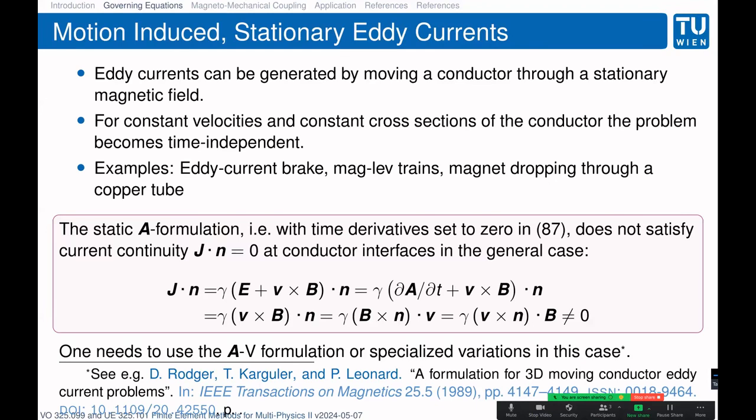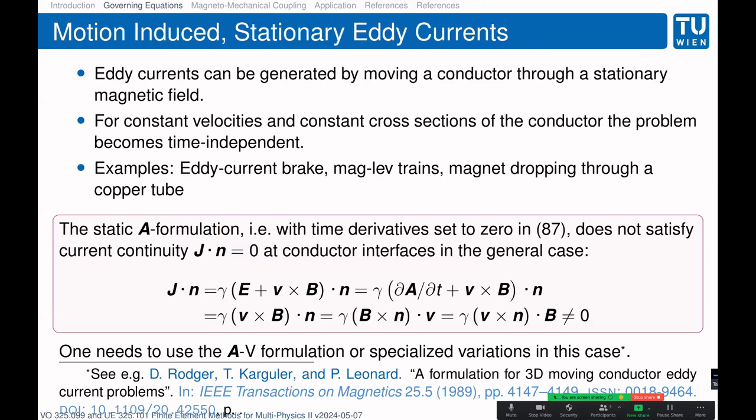And that basically forces the B vector to be orthogonal to either the normal vector or the velocity. And this is simply not possible in the general case. So in this case, you need to use an AV formulation to get correct results.